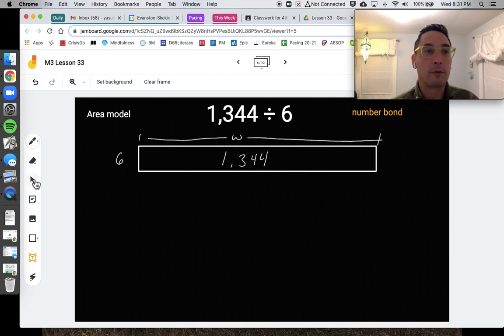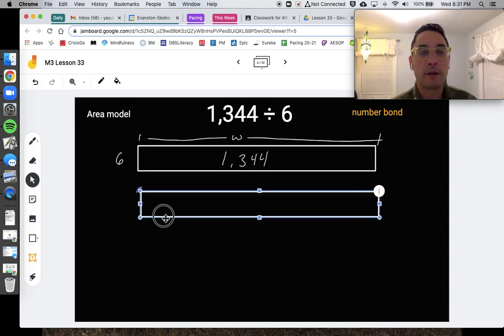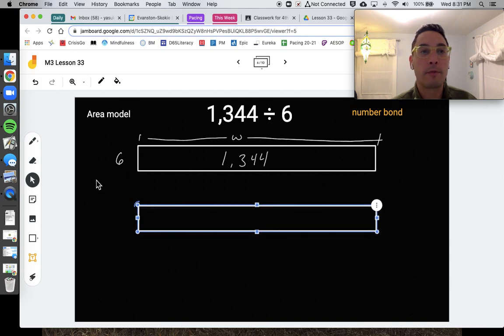All right, so what we can do is we can try to break this apart and think of it in a different way. Remember before that I said that our key was going to be thinking of times 10, times 100, times 1,000.